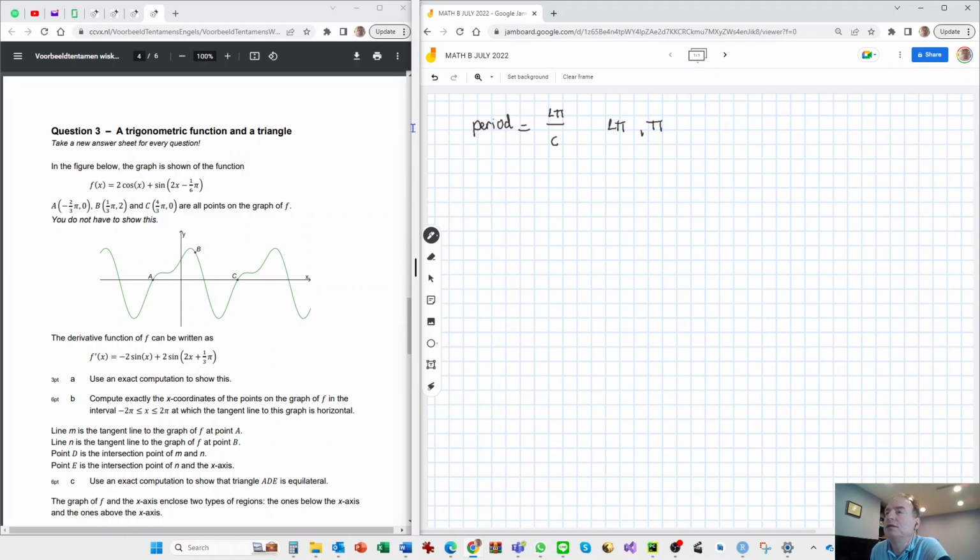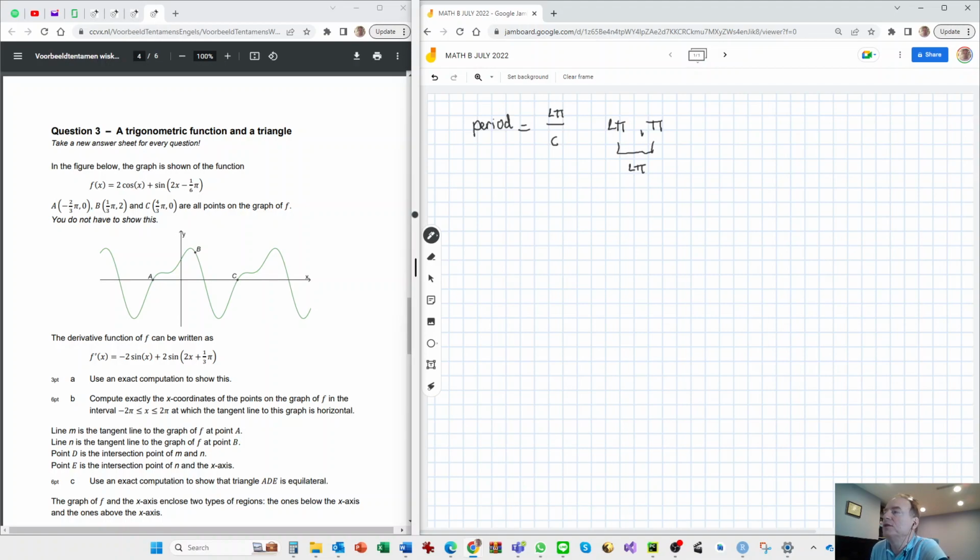And then, since it's a sum of these two, the period of this sum function is the least common multiple of these two periods, which is 2 pi. So the period of this function should be 2 pi. Anyway, that's not even what is asked.